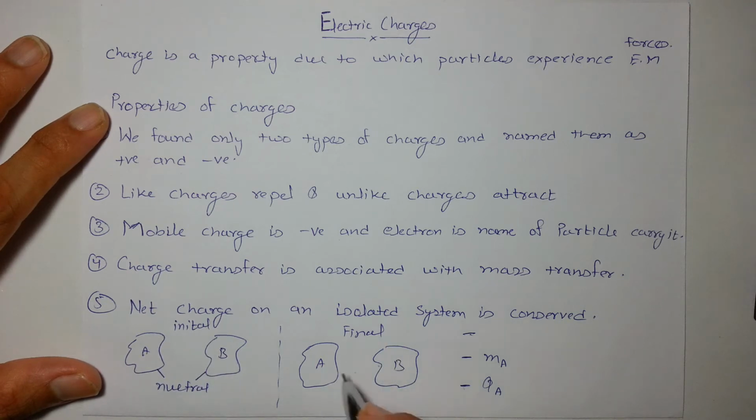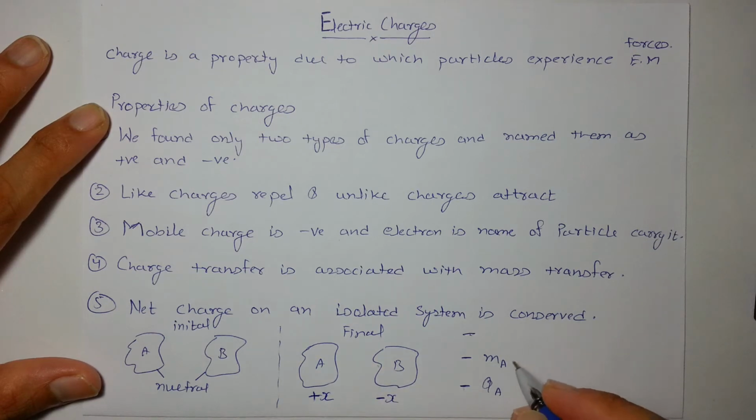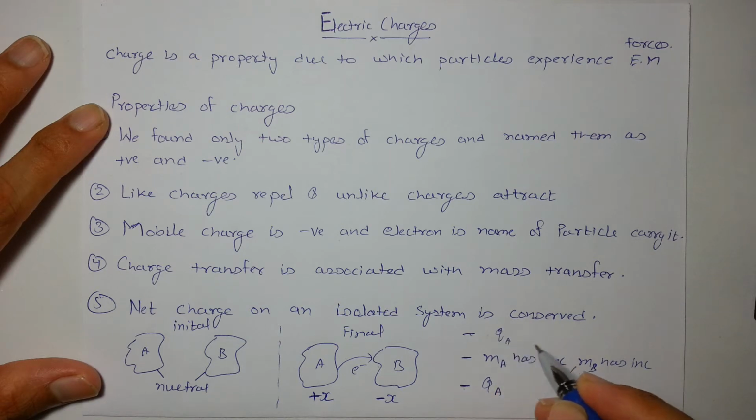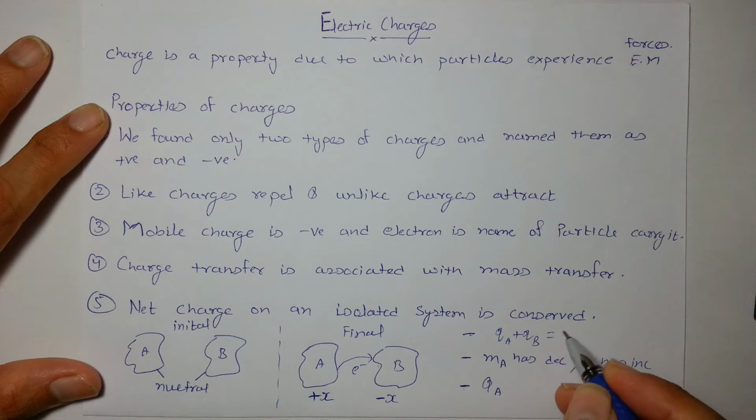If we rub them against each other, let's say the charge on A is plus X, then obviously the charge on B will be minus X. Mass of A has decreased because electrons have transferred from A to B, and mass of B has increased by the same value. QA plus QB must be 0 because the initial total charge was 0.